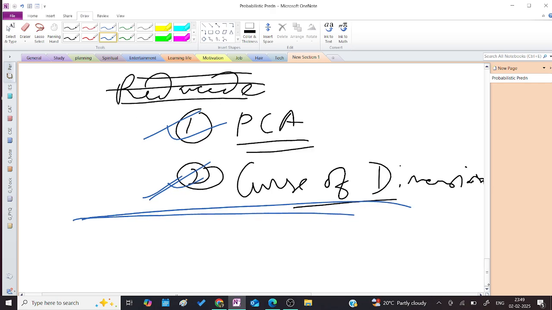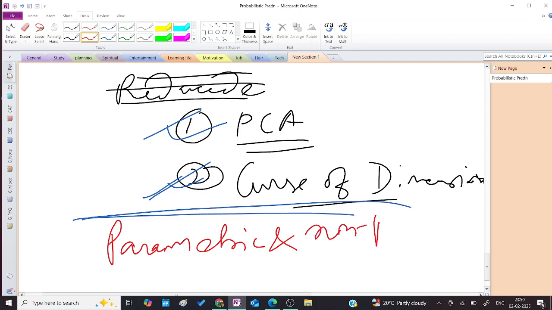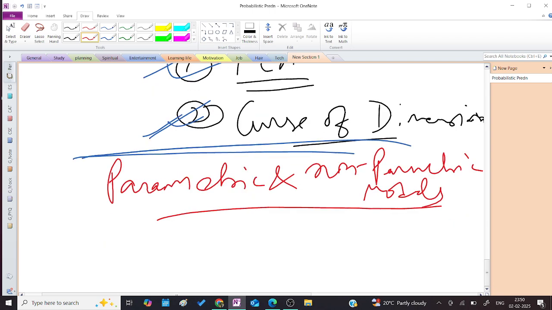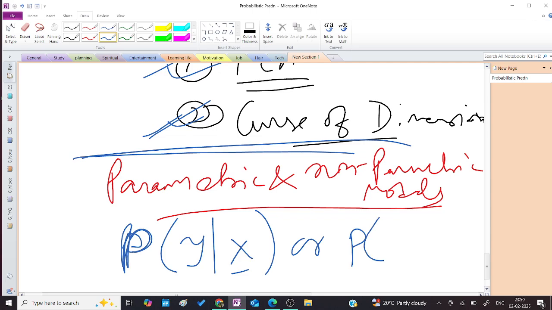Okay, there are one more term like parametric and non-parametric models. Okay, so what is this? So parametric models are of form P, Y given X bar, or we can also say P, X bar.